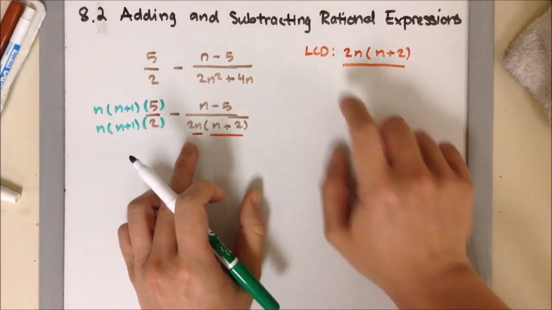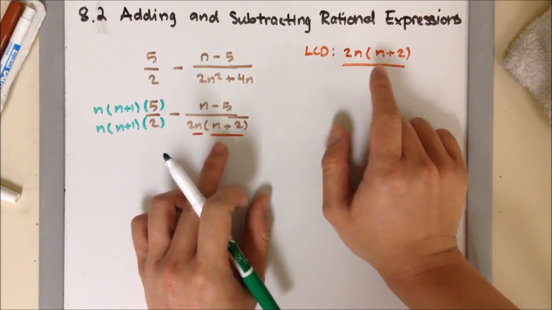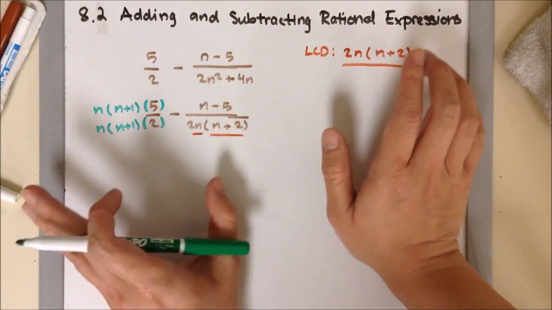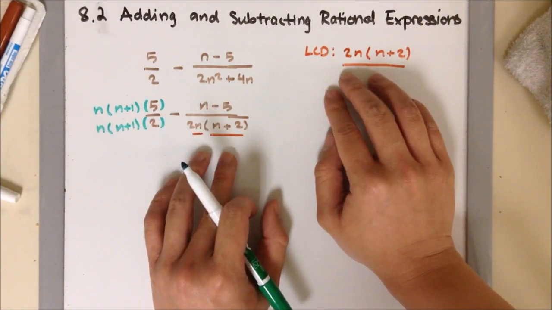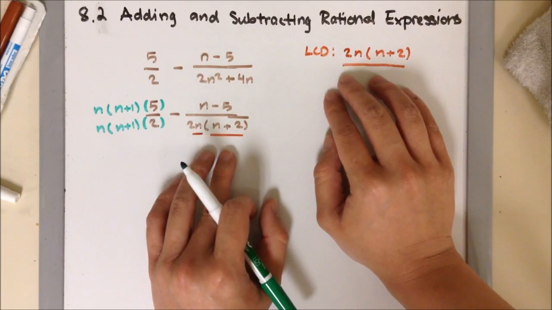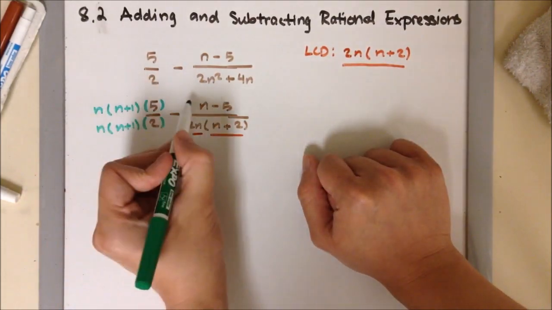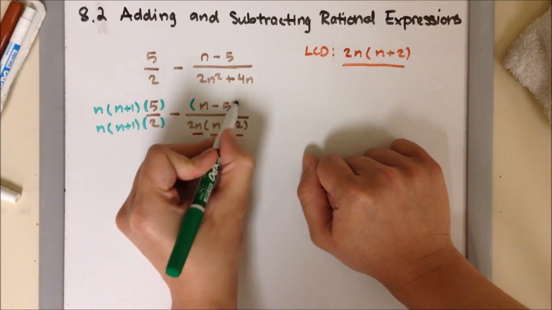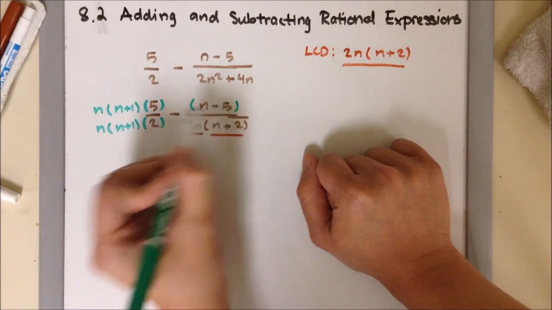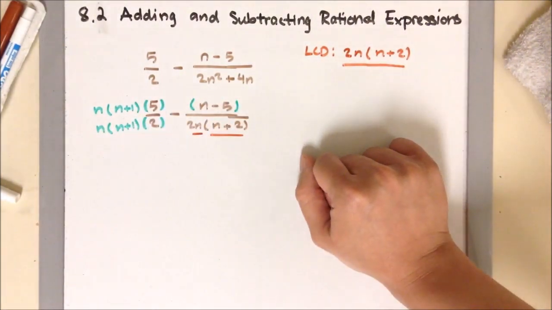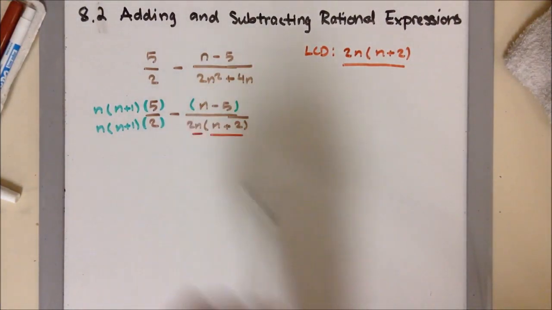In the second fraction, we have the 2, the n, and the n plus 2, so we don't have to convert it because it has all the factors. But for good practice, I'm going to put the numerator in parentheses since it's an expression and we're working with subtraction. You'll see why I put this in parentheses.